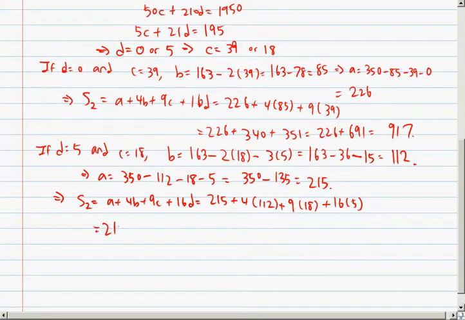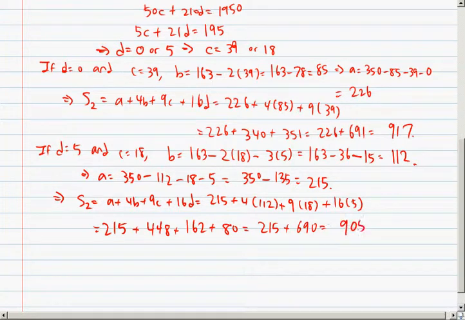And that gives us 215 plus 448 plus 162 plus 80. When we simplify this further, we get 215 plus 690, and adding all that up gives us 905.